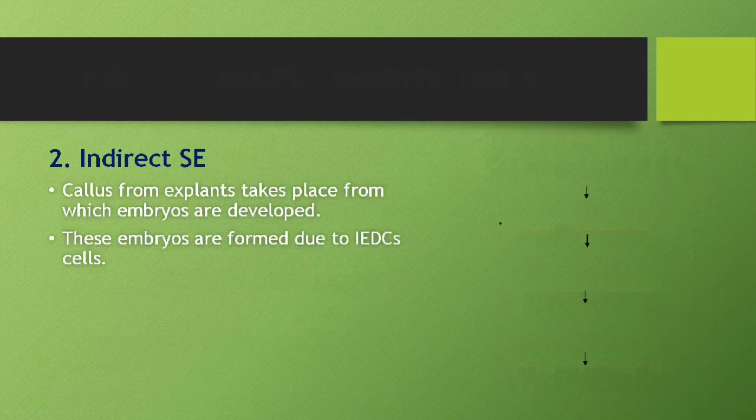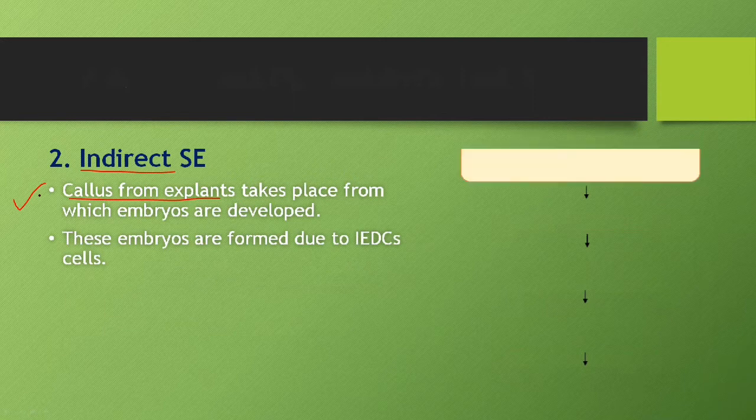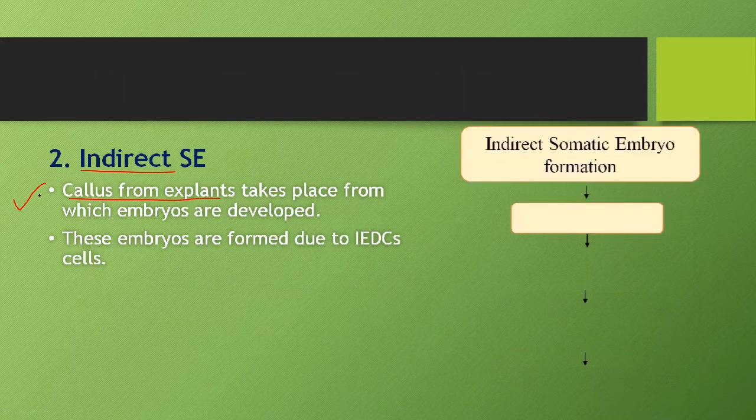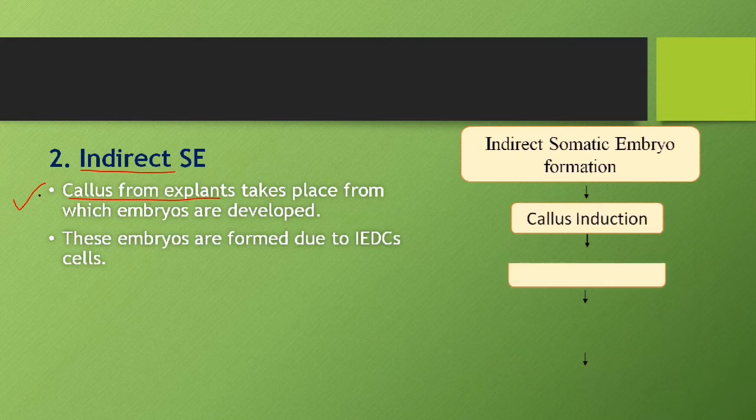Second is indirect somatic embryogenesis, where callus is formed from the explant and developed, and these embryos are called IEDCs, indirect somatic embryogenic cells.